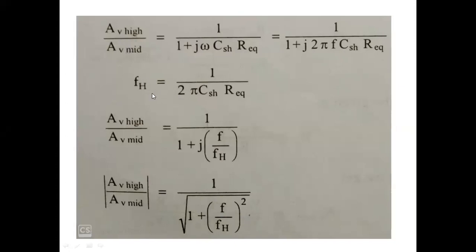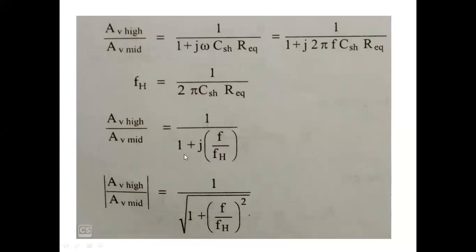So if you substitute this in this equation, then AV high by AV mid is equal to 1 by 1 plus j, and f is common. 2π Csh R equivalent is 1 by fH. So in place of 2π Csh R equivalent, we can substitute 1 by fH. Then this term becomes 1 by 1 plus j f by fH.